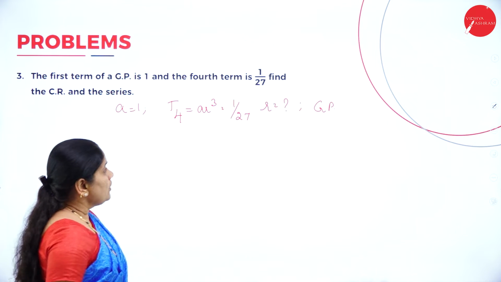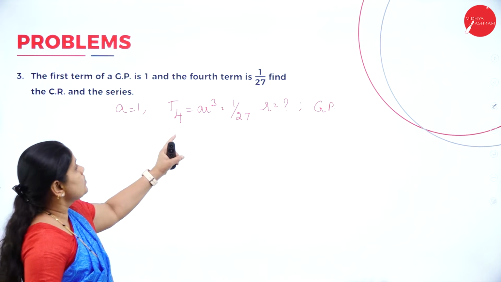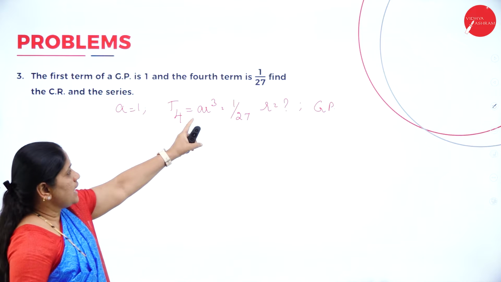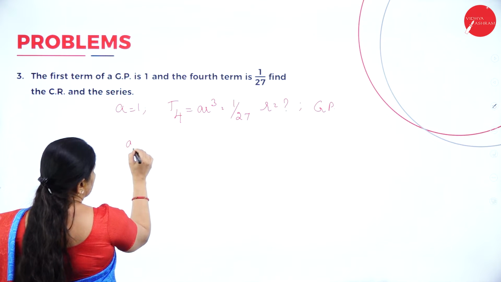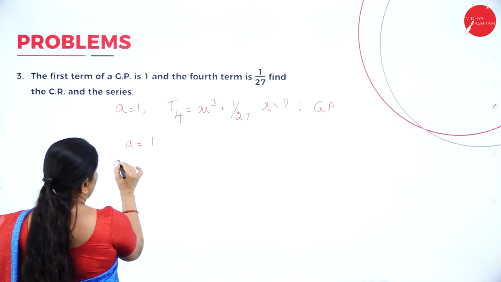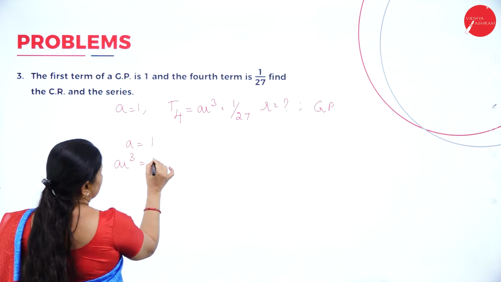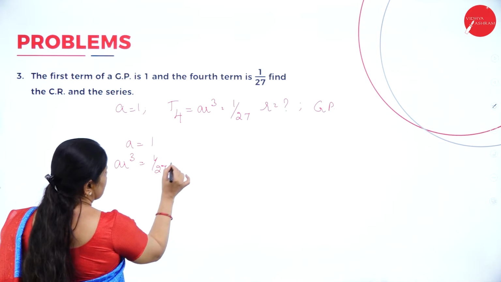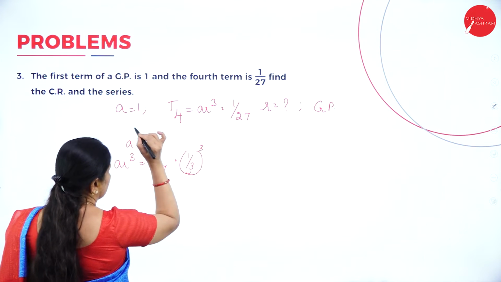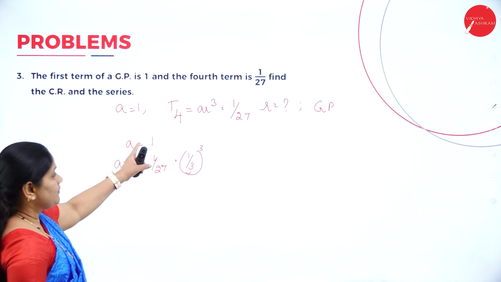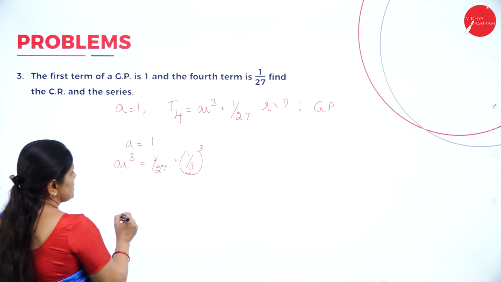So we are given that A equals 1 and T4, that is AR cube equals 1 by 27, or this is 1 by 3 the whole cube.